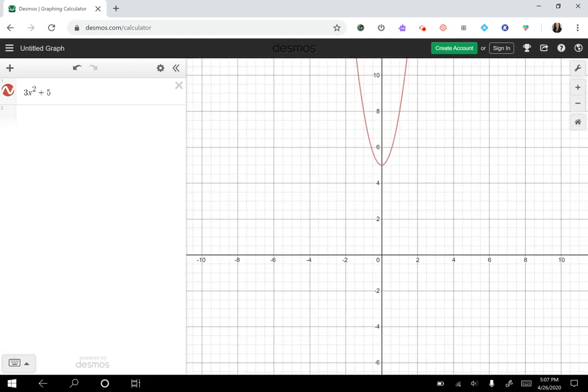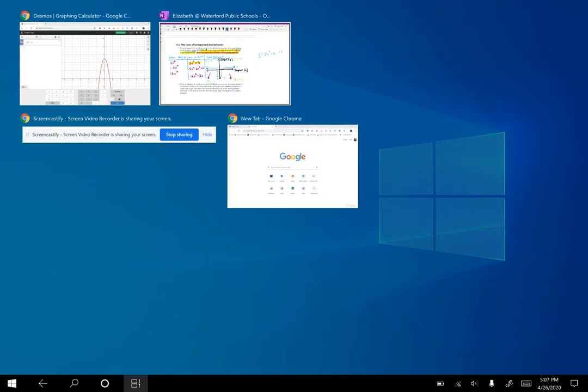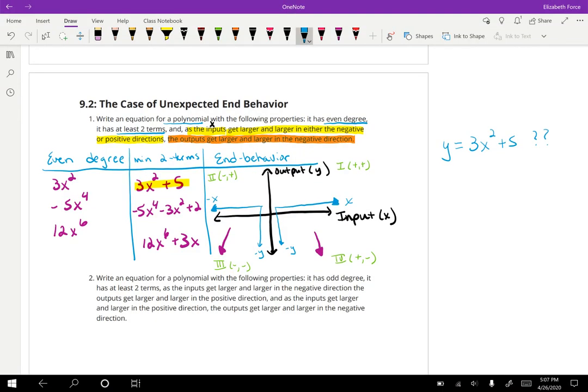So I hope you remember from our unit on polynomials, if I want to get my graph to go the other direction, I can just make the coefficient on the x squared term negative. Boom, and there she is. Now I've got my end behavior in the third and fourth quadrant. So I'm going to come back over here and fix this by writing y equals negative 3x squared plus 5.